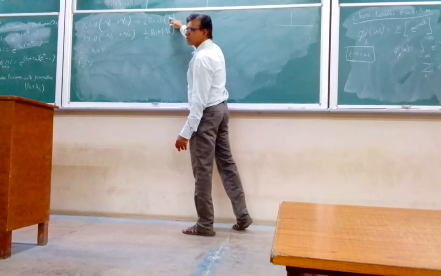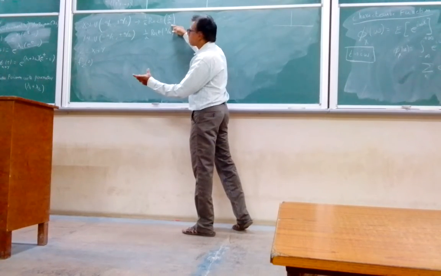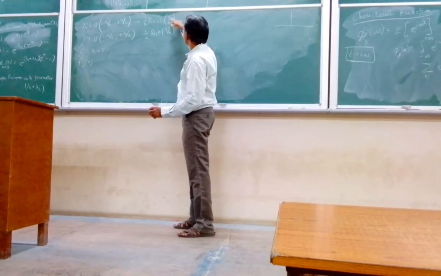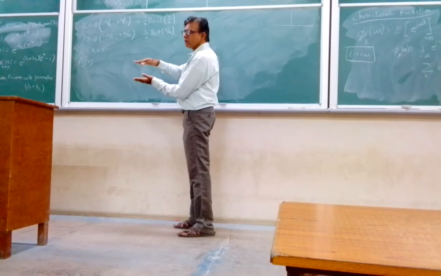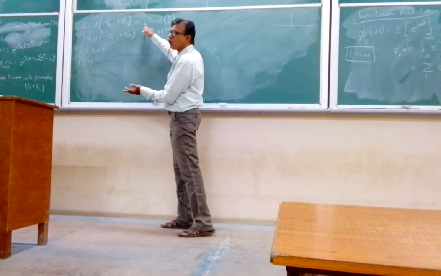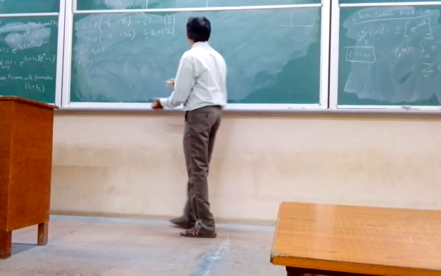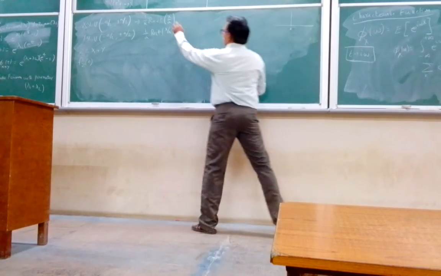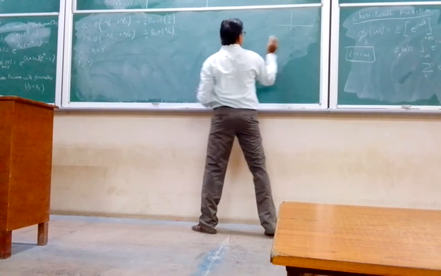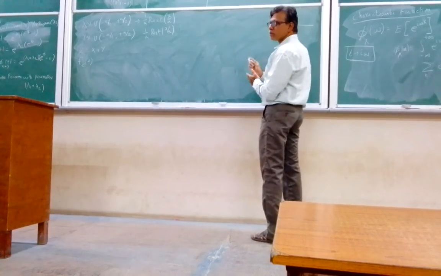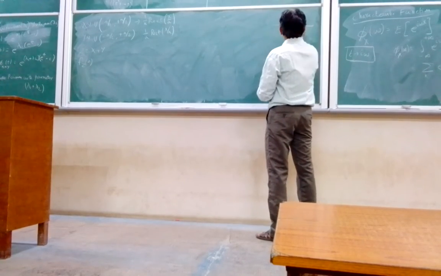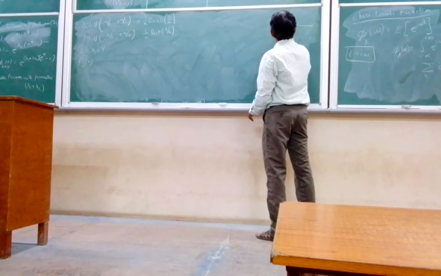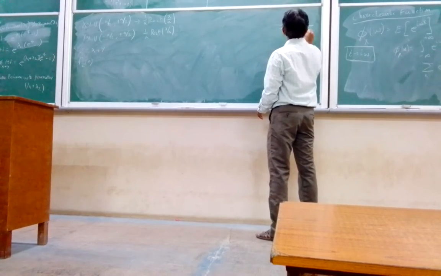It is centered at x equal to 0 with a width a, and rect function has a width a of unit height, but we will make the height 1 over a so that it becomes normalized. So it is of width a symmetrically around 0, so minus a by 2 to plus a by 2.